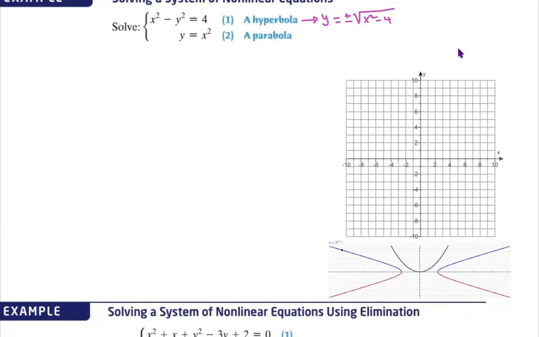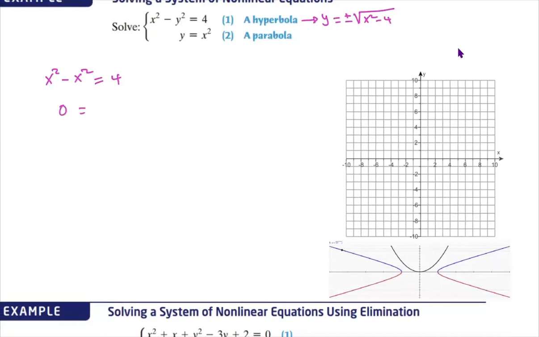Now, what we can do is substitute y equals x squared from the second equation into the first equation. So we get x squared minus x squared equals 4.